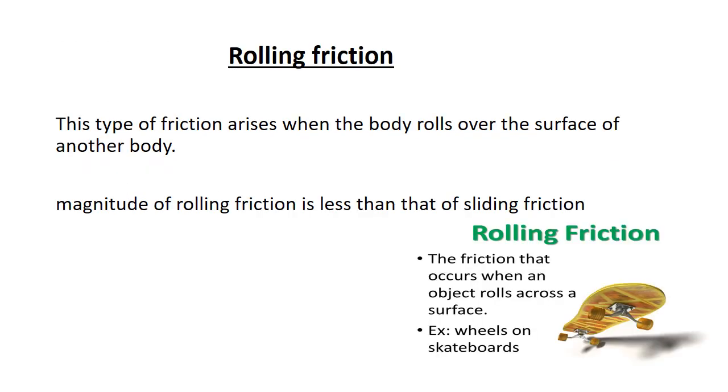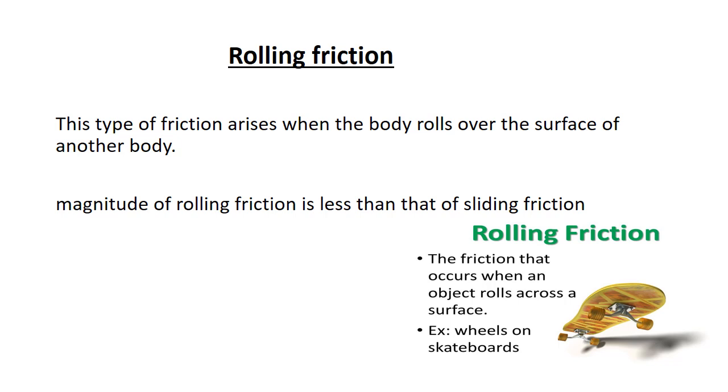Another type of friction is known as rolling friction. Now what is rolling friction? When one body rolls over the surface of another body, the type of friction that comes into play is known as rolling friction. Let's say an example: a vehicle is moving on the surface of a road.